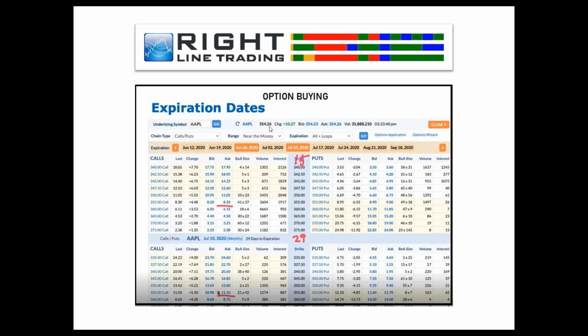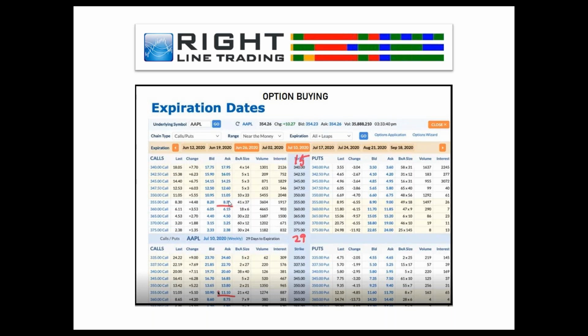And I'm also going to show you why an at the money option is without a doubt the best strike price to take in almost every circumstance. It's going to cost us $8.25. If we go for an option that has an expiration 29 days out, we have to pay $11.20.